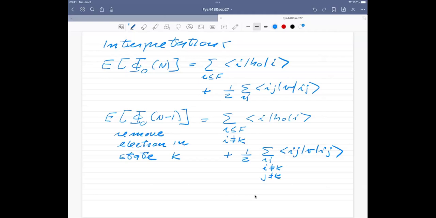So suppose you can solve the Hartree-Fock equation for n-1 and n particles. In principle, these states, i and j, should be different because they have a different medium. So when I solve the equations with 10 particles or 11 particles, in principle, the states I get should be slightly different.